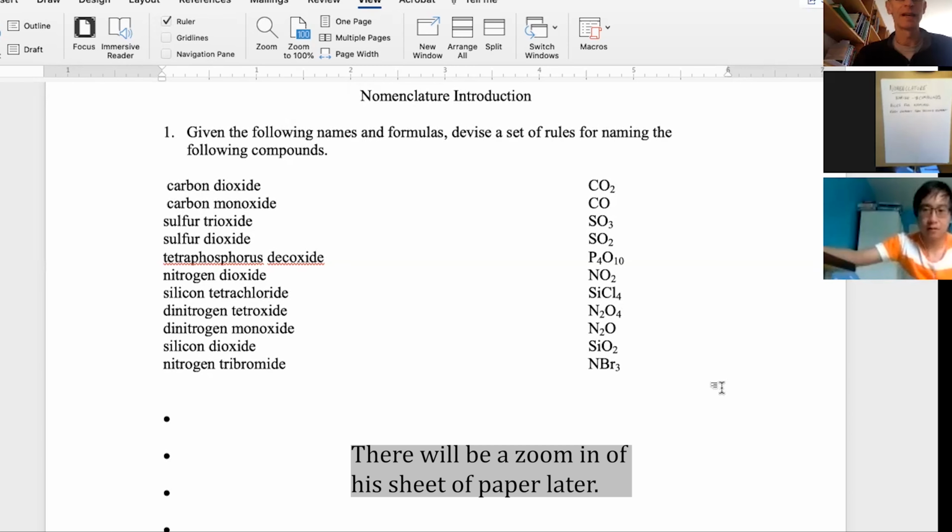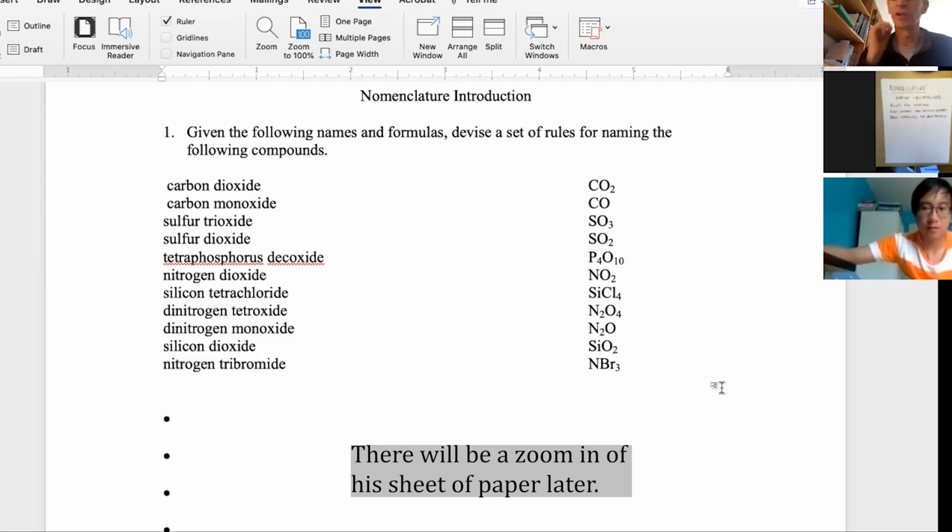All right, I'll give you one of my rules. One of my rules is all of these compounds come from one particular part of the periodic table. These compounds are all nonmetals, or they're made up of nonmetals, right?